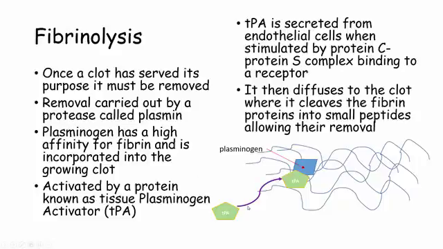The tissue plasminogen activator then diffuses to the clot where it cleaves the plasminogen into plasmin, and the plasmin then can degrade the fibrin meshwork into small pieces, allowing its safe removal and degradation.